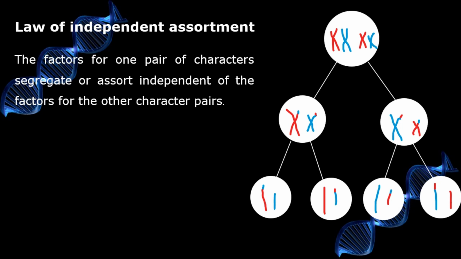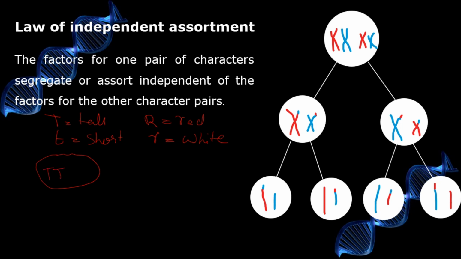Now we can check an example. For one character, capital T equals tall and small t equals short. For the other character, capital R equals red color and small r equals white color. So, an individual with homozygous tall character and white color is crossed with an individual with homozygous short character and red color.